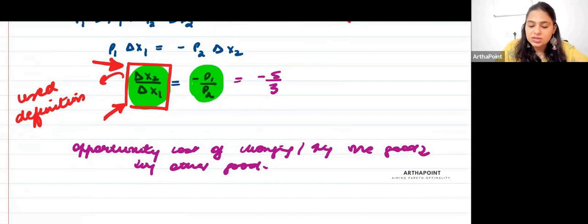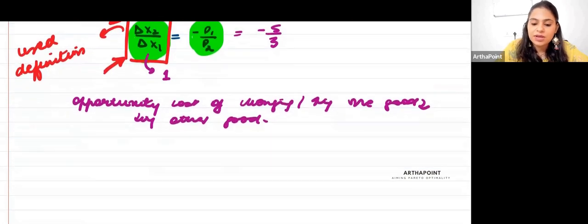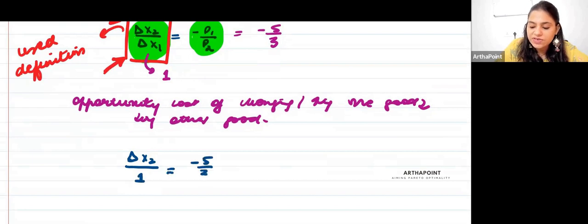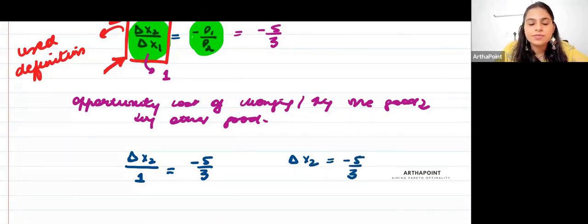So which means that, let's say I want to increase good 1 by 1 unit. So what will I get? I will get change in x2 by 1 is equal to minus 5/3. So change in x2 will be minus 5/3.